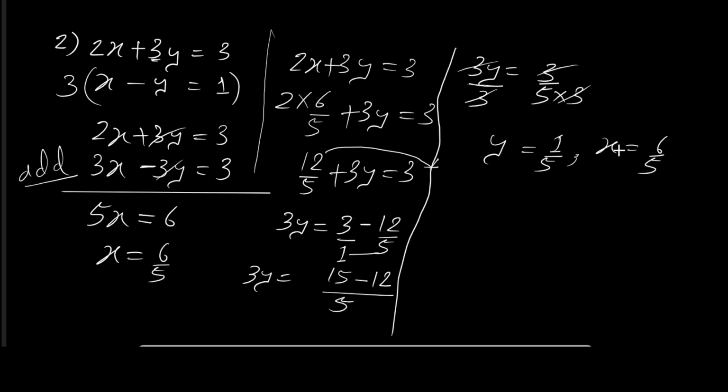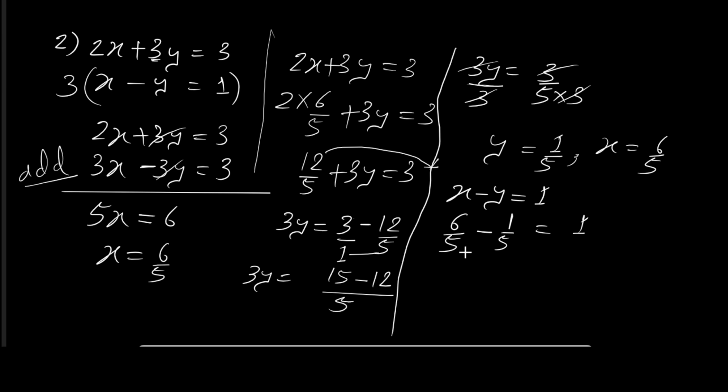To verify that our solution is correct, we have to plug these values into the original equation. These equations are the original equations. So I'm going to put these values in the second equation, which is x minus y equals 1. So the value of x is 6 over 5 minus the value of y is 1 over 5 equals 1.